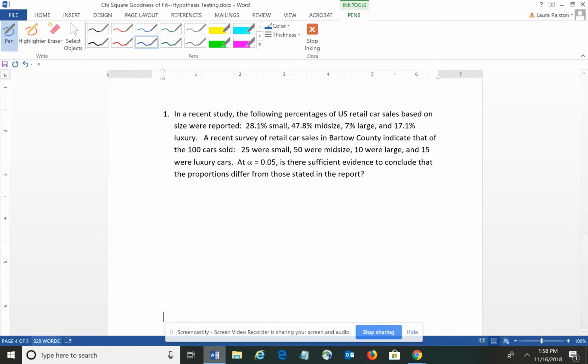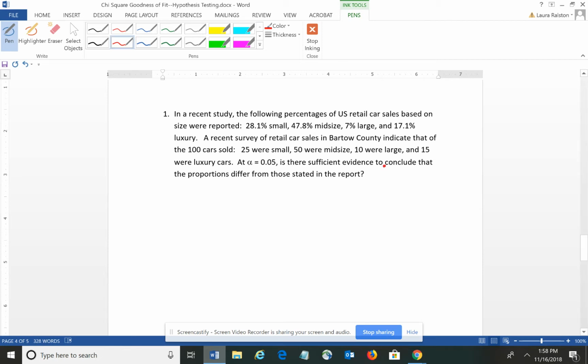A recent survey of retail car sales in Bartow County indicates that of the 100 cars sold, 25 were small, 50 were mid-size, 10 large, and 15 were luxury. At alpha equals 0.05, is there sufficient evidence to conclude that the proportions differ from those stated in the report?